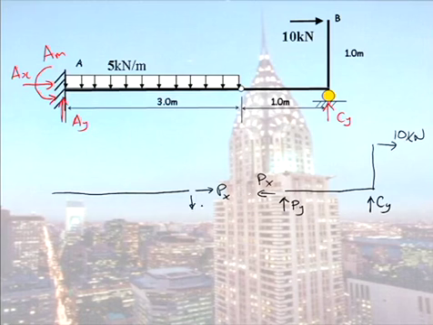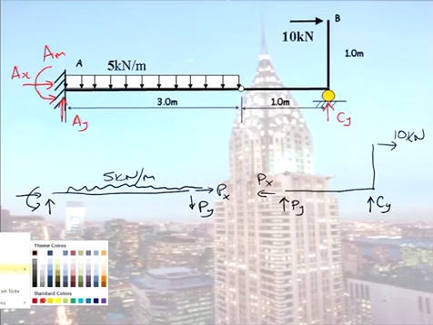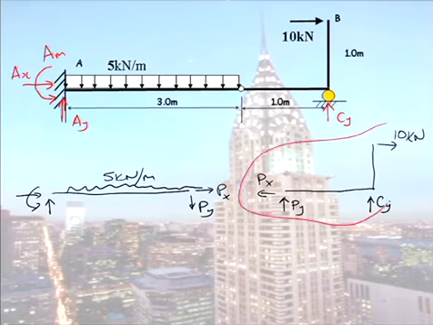When you draw them either side of the pin, remember you draw them equally and oppositely. So which side would we start with, the left or the right? You have to start with the free body diagram where you only have your 3 unknowns. So we would therefore start by looking at this right-hand side.